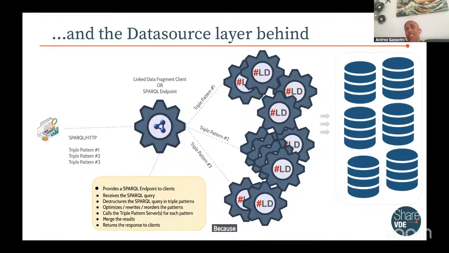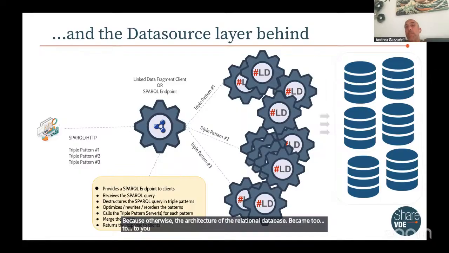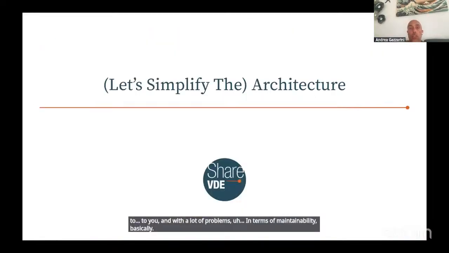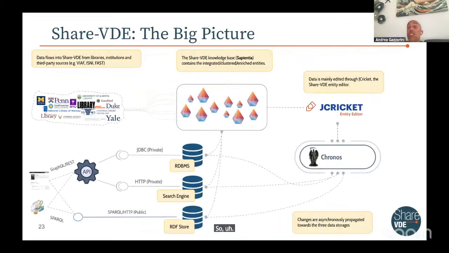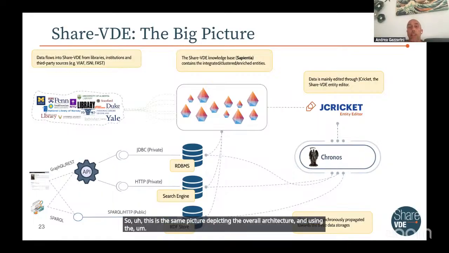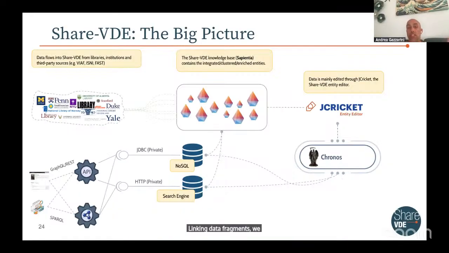Because otherwise, the architecture of the relational database became too huge and with a lot of problems in terms of maintainability, basically. So this is the same picture depicting the overall architecture, and using the linked data fragments, we just remove the third part.